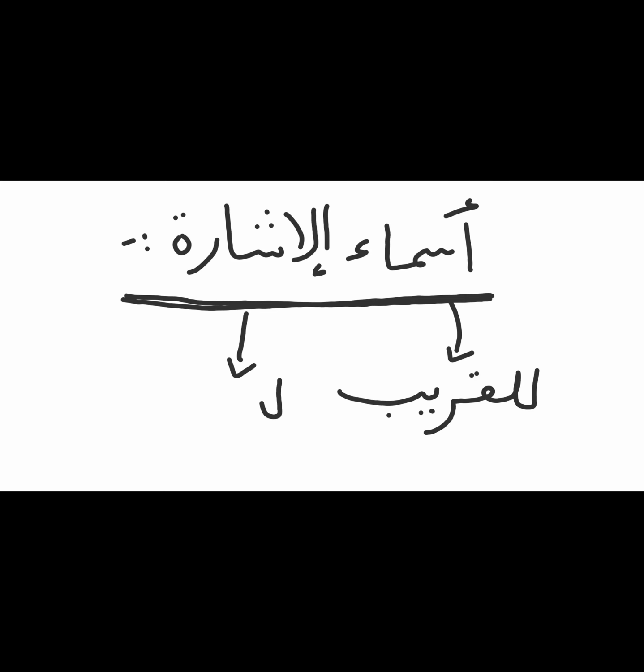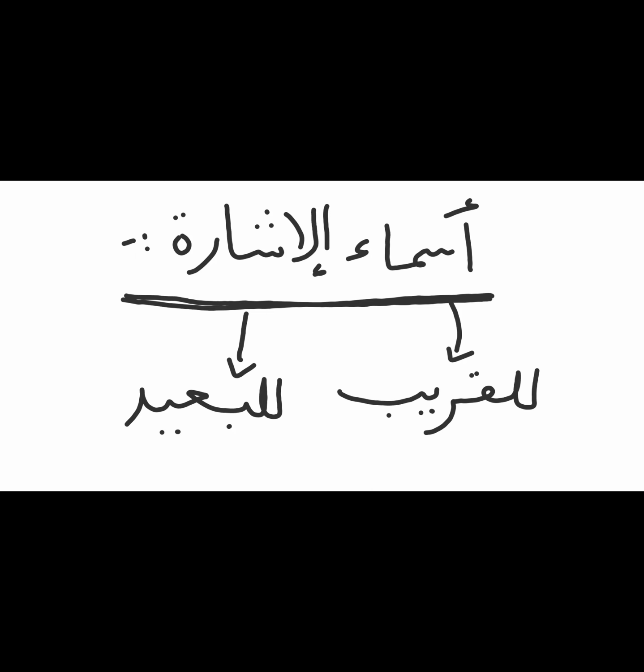And if it's far, it's بعيد. قريب من القرب. طيب. نعم. طيب, something close or next. تمام. بعيد من البعد. Far away. بعيد. طيب. قريب أو بعيد. تمام. Close and far.